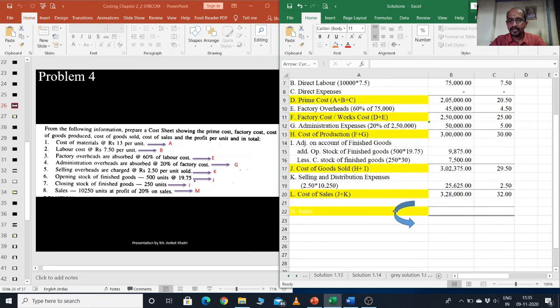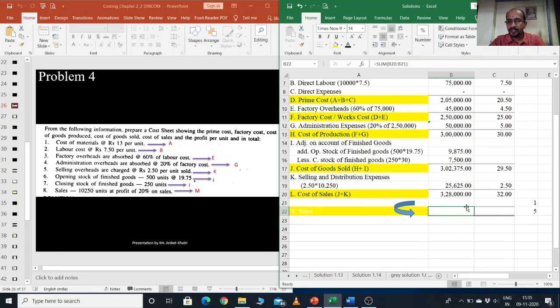This particular amount is based on this amount. So that is 20%, right? 20% means 20 upon 100. It means that 1 upon 5, right? So this particular figure is 1/5 of this particular figure.